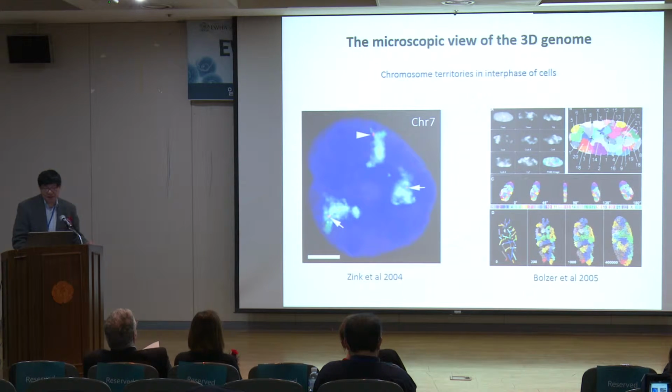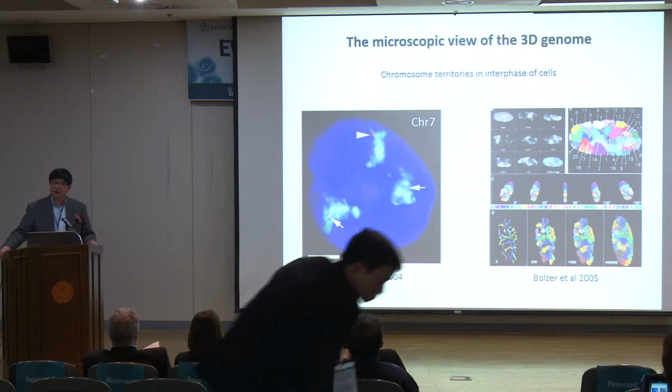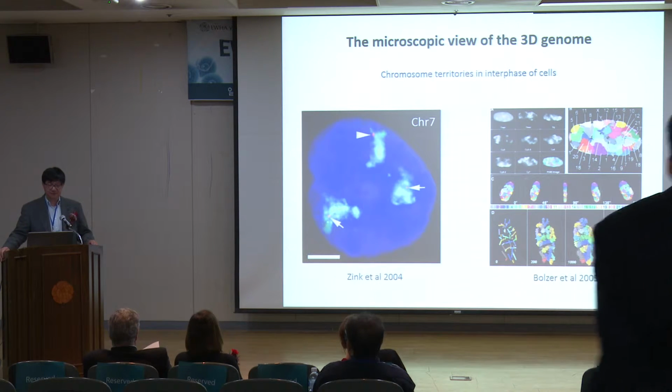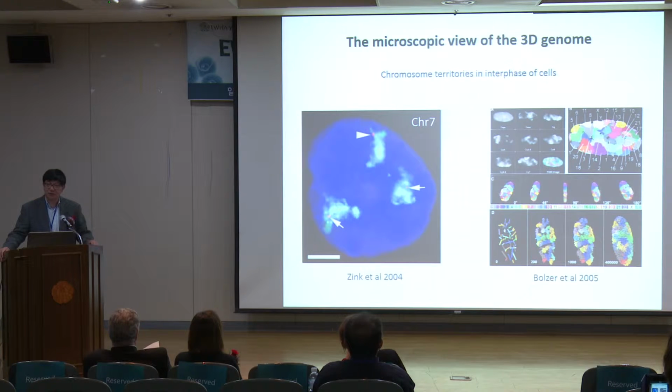First, microscope views using advanced DNA FISH as well as super-resolution or confocal microscopies are able to visualize how exactly the chromosomes or the genomes are organized within the nucleus at a particular moment in time.